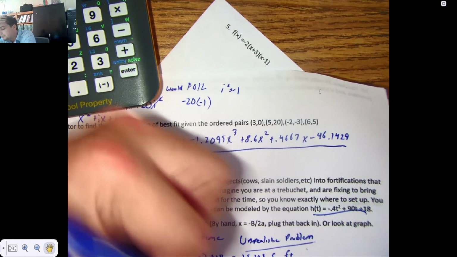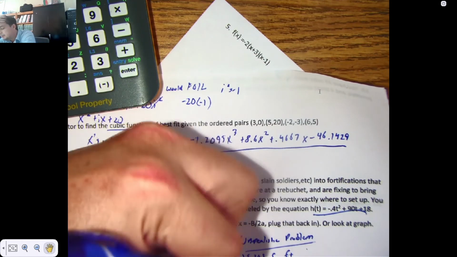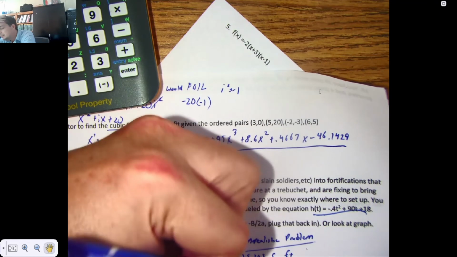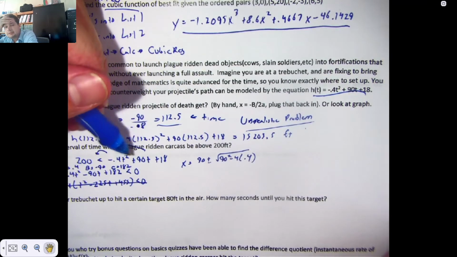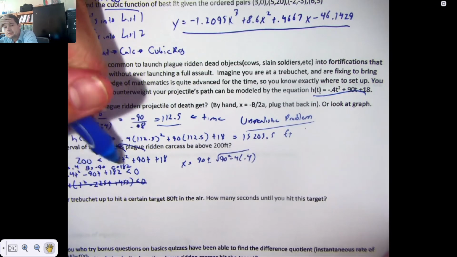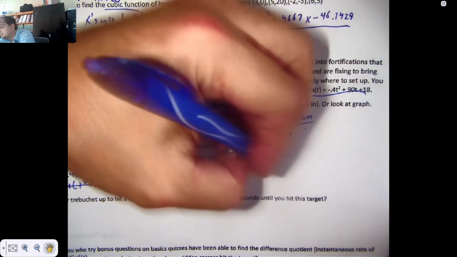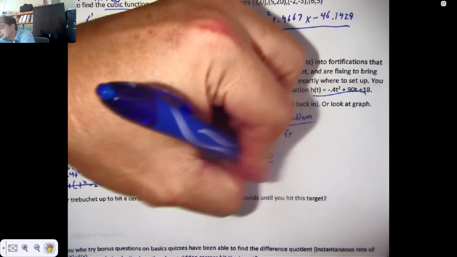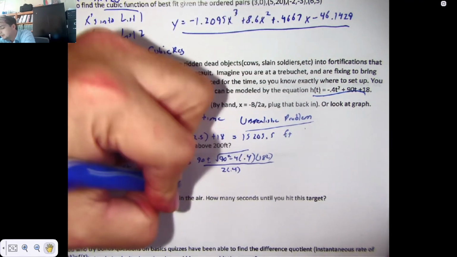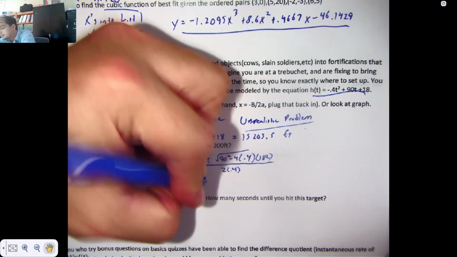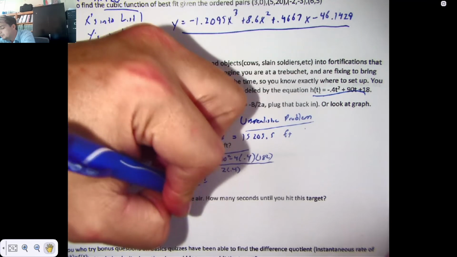So x would be opposite b, which is 90, plus or minus the square root of 90 squared minus 4 times 4/10 times 182, all over twice 4/10. About the only calculation there that I can do in my head is I know that 2 times 4/10 is 8/10.